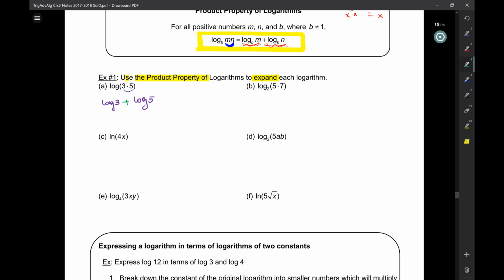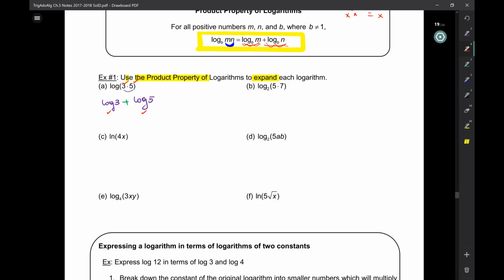Now, a few things to be careful about here. Look at inside the log, how many elements are there? You have a 3, you have a 5. You have 2 elements in there. So when all is said and done, that's how many logarithms should show up in your answer. A 3 and a 5, that's 2. You have a log and a log, that's 2 logs.